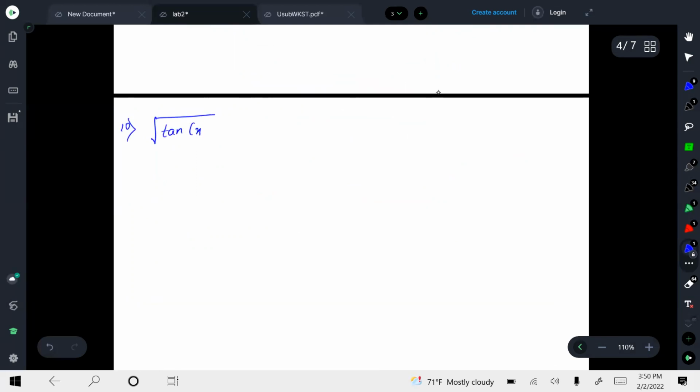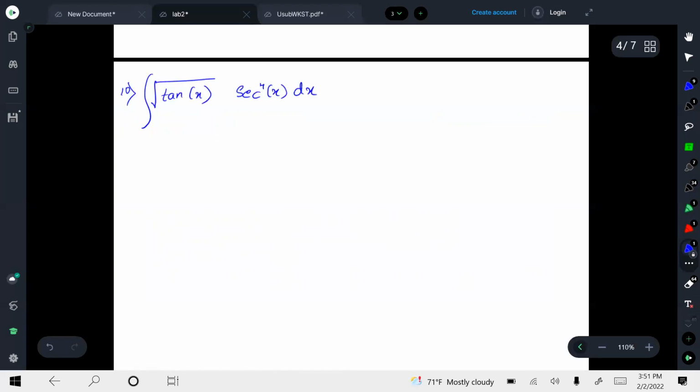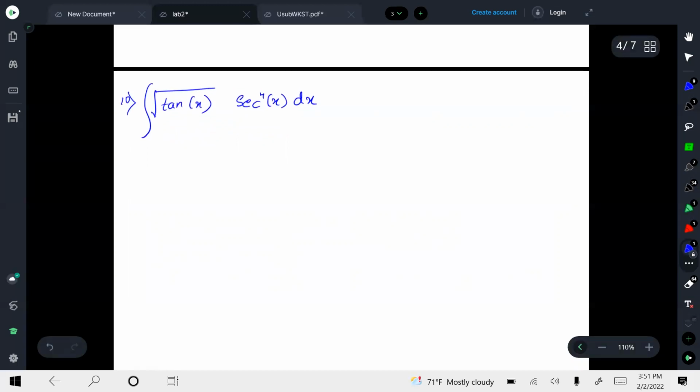Tan of x, secant to the power of 4 of x, dx. And this is the integral. Okay. Now, before I do the U substitution, you can do one thing.